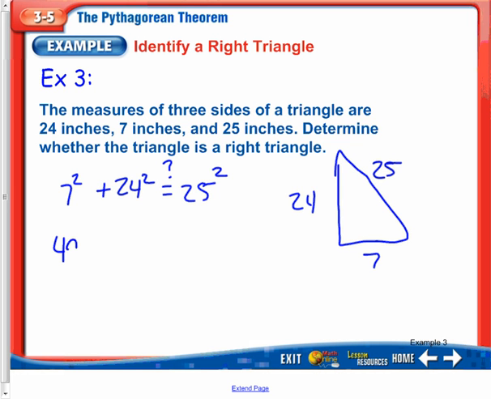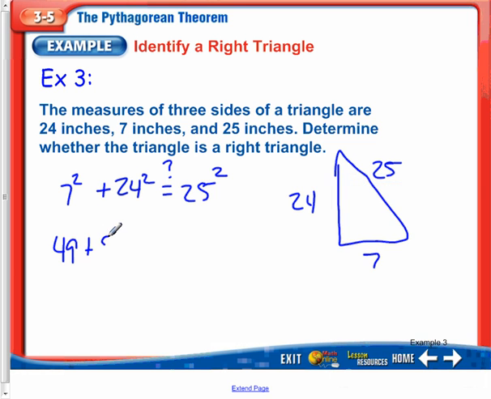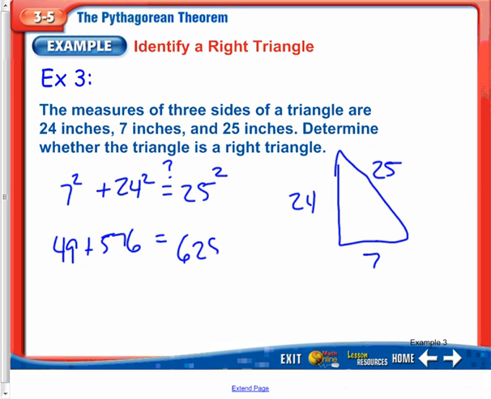So 7 squared is 49 plus 24 squared. So we can do 24 times 24, and that equals 576. And then we want to do 25 squared, so 25 times 25 equals 625.